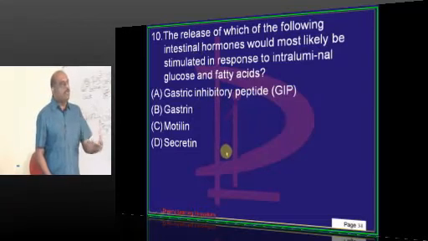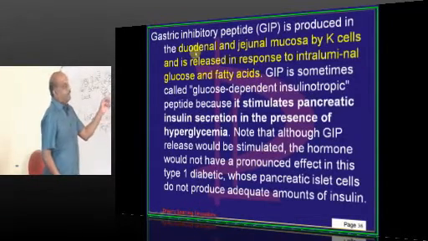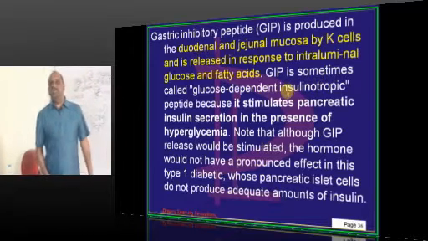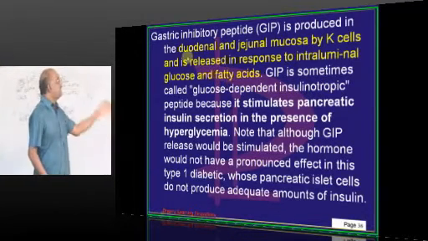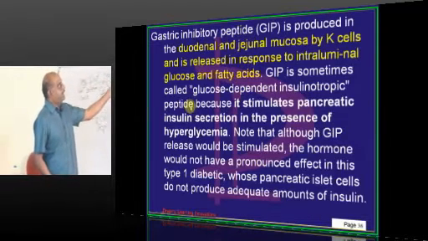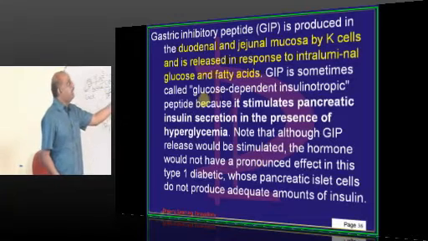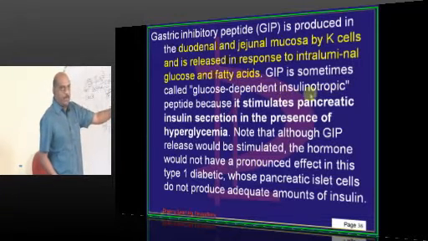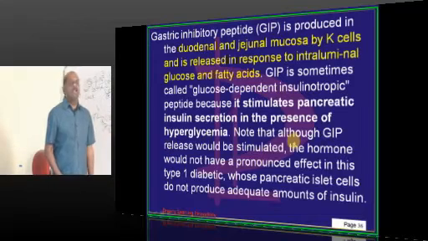Then if you are taking a lot of glucose, fatty acids, what happens? The duodenal and jejunal mucosal cells called K cells basically release gastric inhibitory peptide. Gastric inhibitory peptide is also called glucose dependent insulinotropic peptide, because it will stimulate the pancreatic insulin secretion whenever you eat a lot.